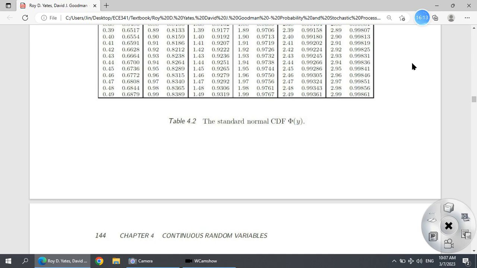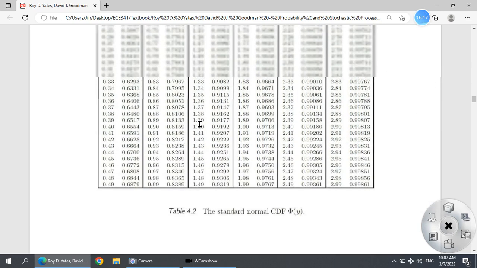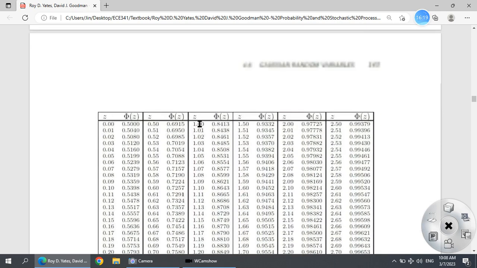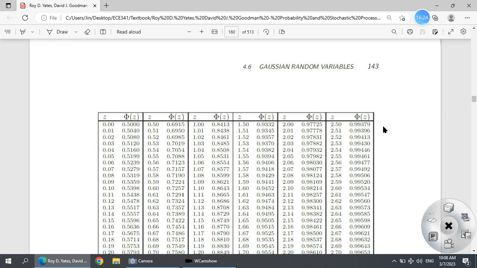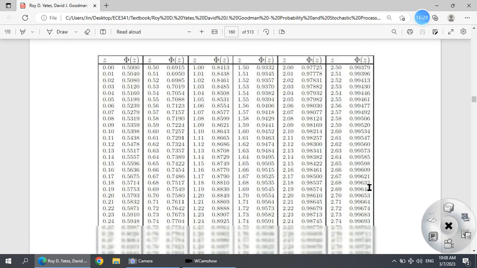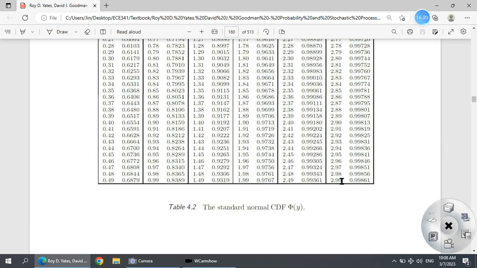Phi Z, and the value of Z runs from 0 to 3. This is the first table.